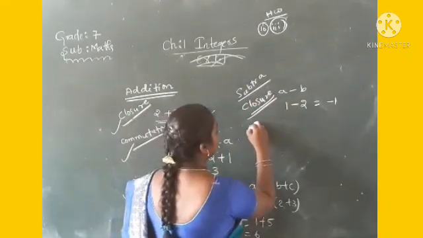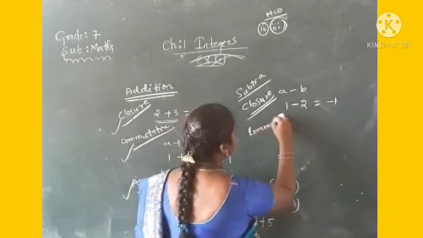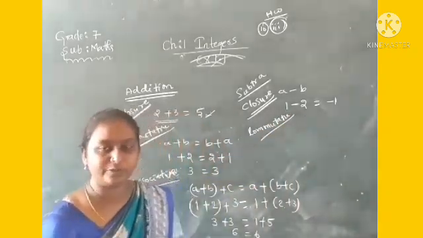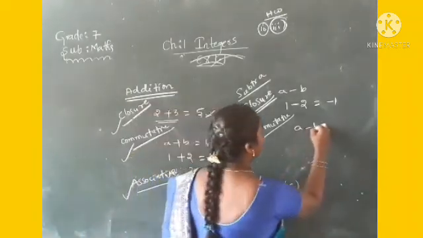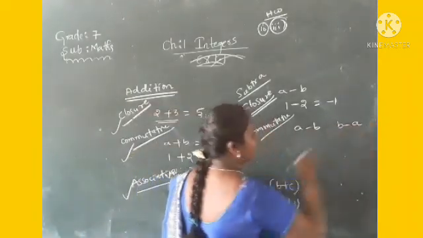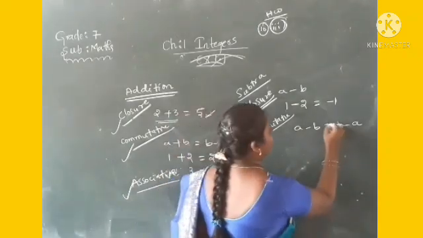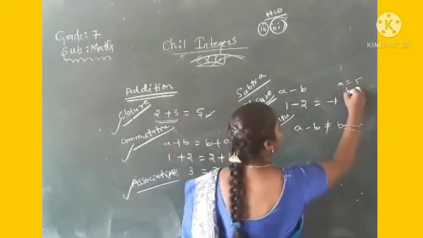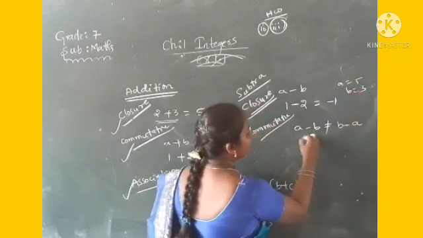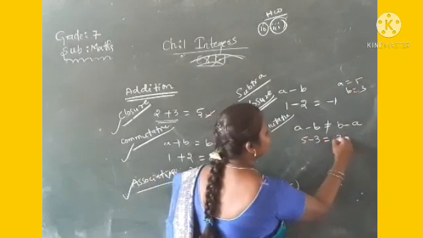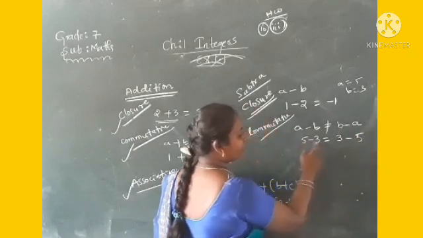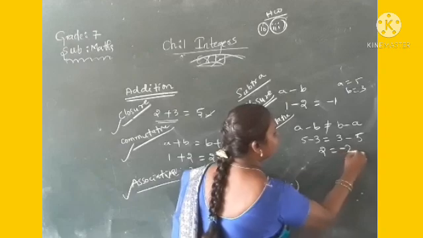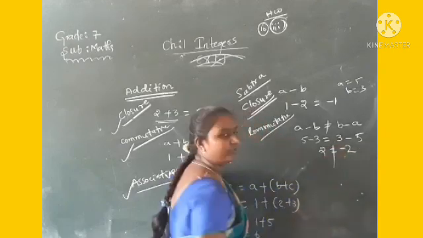And what about the commutative? Commutative means if a and b are any two integers, then a minus b and b minus a both are equal? Not equal. Then how? Take a is equal to 5, b is equal to 3. Substitute: 5 minus 3 and 3 minus 5. 5 minus 3 is equal to 2. 3 minus 5 is minus 2. 2 and minus 2, both are equal?